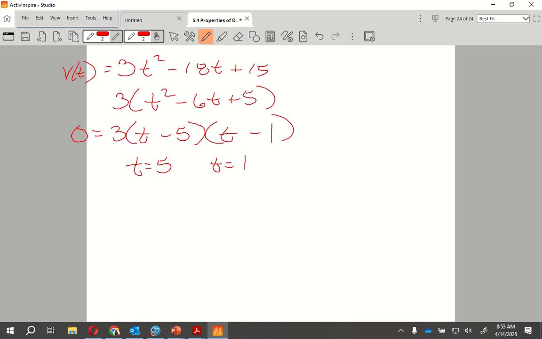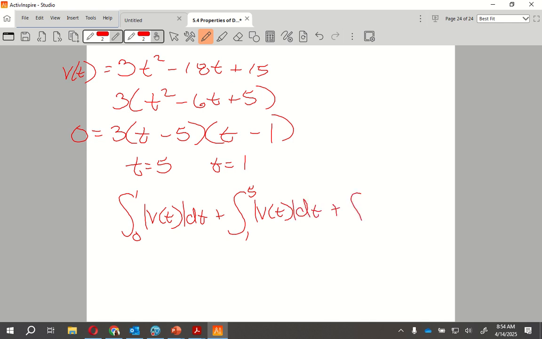So my integral is going to be from 0 to 1 of the absolute value of v of t dt, plus the integral from 1 to 5 of the absolute value of v of t dt, plus the integral from 5 to 6 of the absolute value of v of t dt.